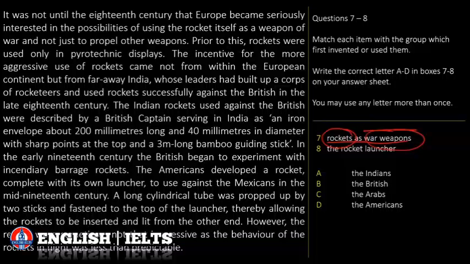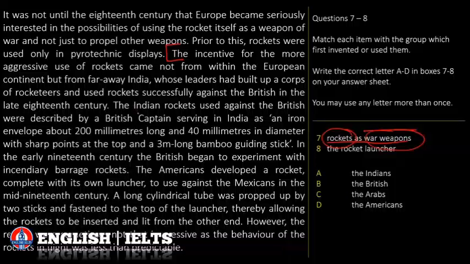Now, if you look here, I'm reading from here: the incentive for the more aggressive use of rockets came not from within the European continent, but from far away India, whose leaders had built up a corps of rocketeers and used rockets successfully against the British in the late 18th century.